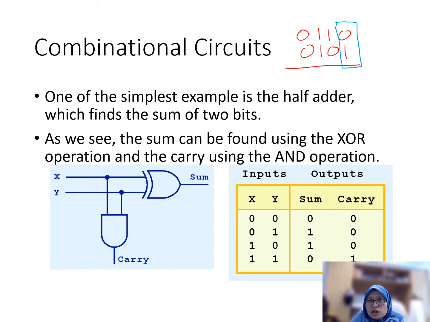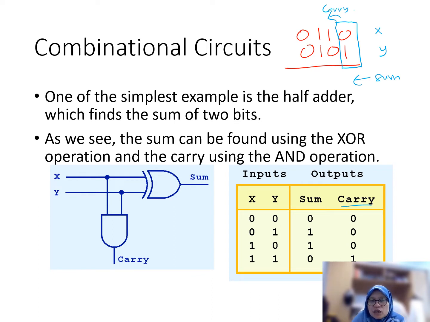So this is x, this is y. The output will be 2 bits because there is a possibility of a carry out. Here will become a sum, and when there is a carry, it means there is some output there.